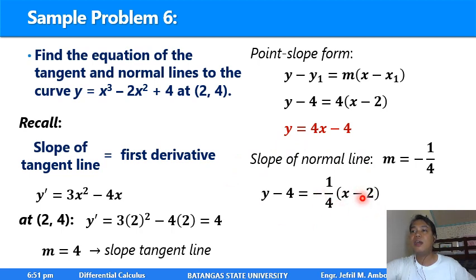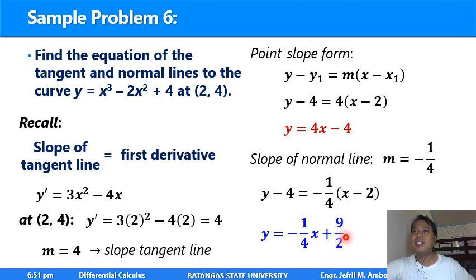Tapos ito, negative, magiging positive. 2/4 is 1/2. So, negative 1/4 x plus 1/2. Tapos itong 4, magiging positive, ilipat mo sa kabila. So, 4 plus 1/2 is 4.5 or 9/2. So, the equation of the normal line is y equals negative 1/4 x plus 9/2.